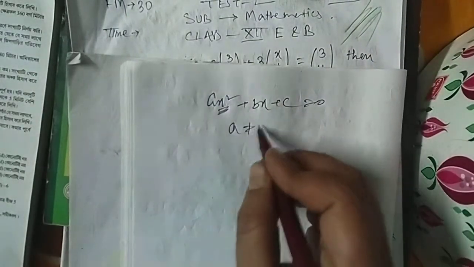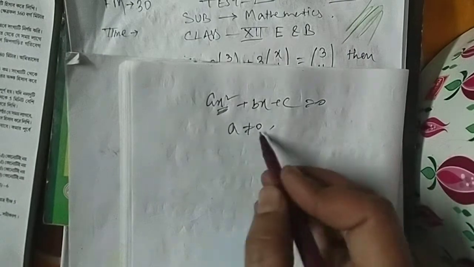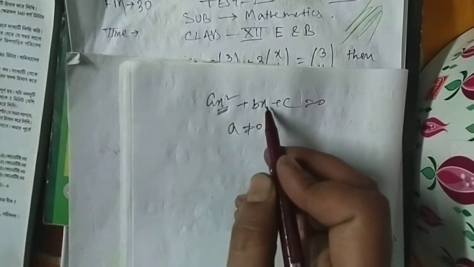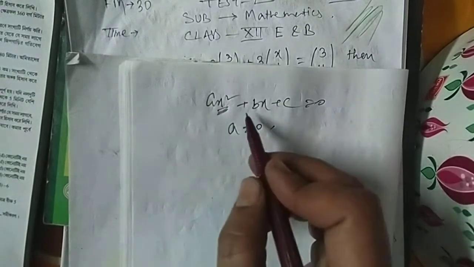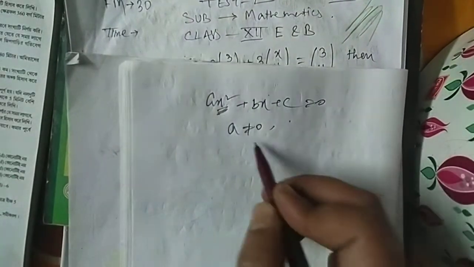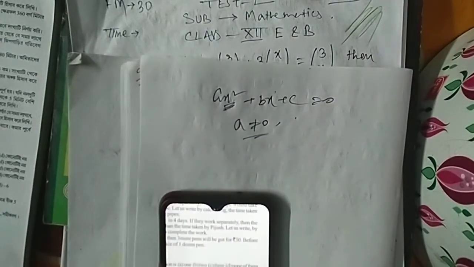So here x square will be present when a is not equal to 0. If a equal to 0, then x square will vanish, and the equation reduces to a linear equation. That means the power of x will be 1 when x square is vanished. Therefore it will be a quadratic equation when a is not equal to 0. So that is option C.